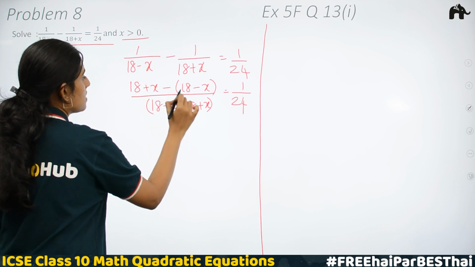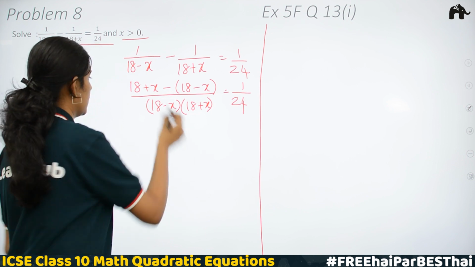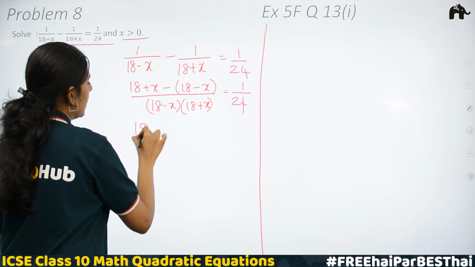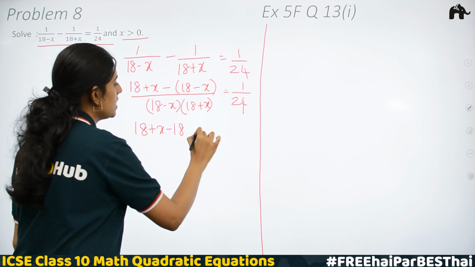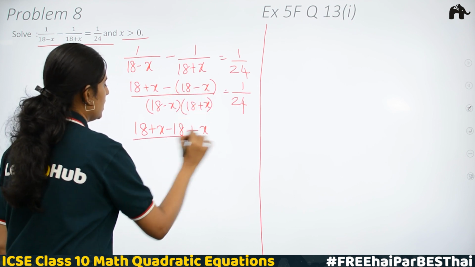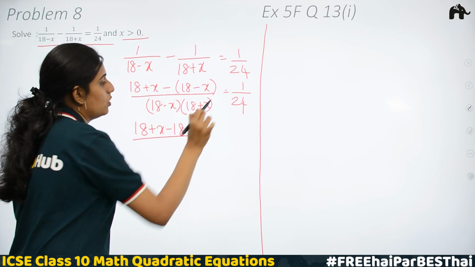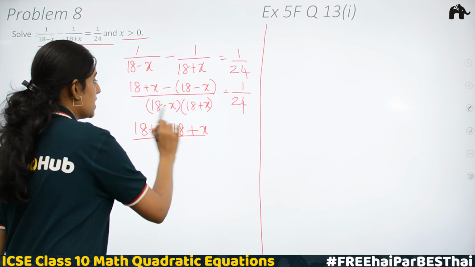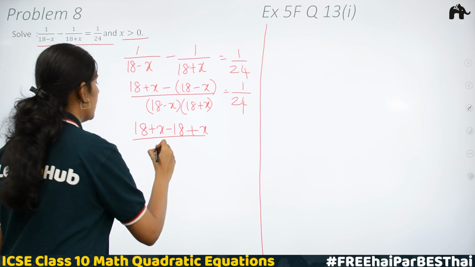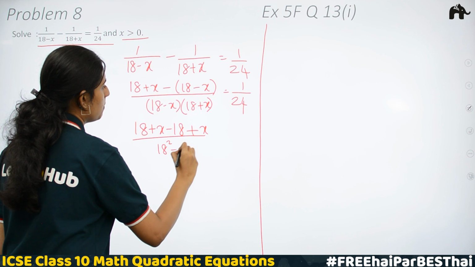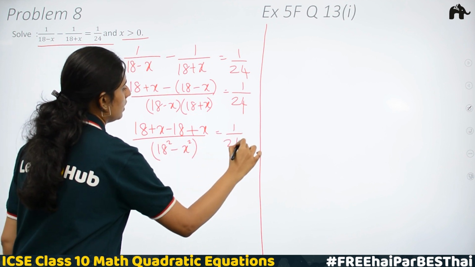18 plus x minus 18, minus of minus is plus x. In the numerator we get 18 plus x minus 18 plus x, divided by (18 minus x) into (18 plus x). That is in the form (a plus b) into (a minus b), which is a square minus b square. 18 square minus x square is equal to 1 by 24.